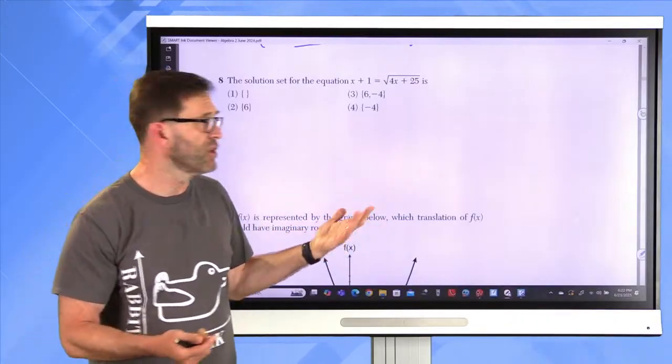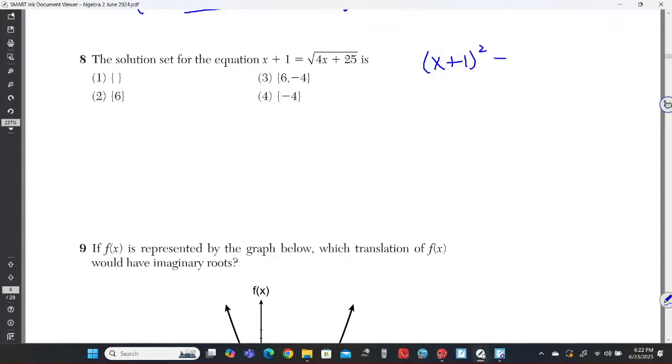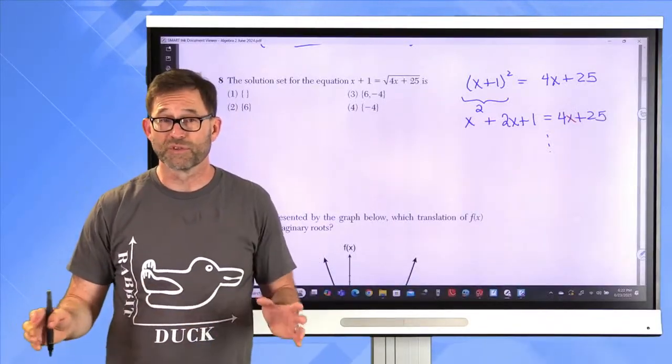And generally, the way that you would solve this is you would square both sides of this equation, which would leave you something like this, and then you'd have to FOIL this out, and you'd get x squared plus 2x plus 1 equals 4x plus 25, etc. All right, and then you'd set it equal to 0, and you'd find two solutions.